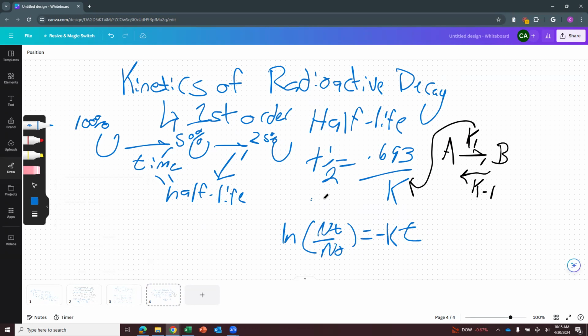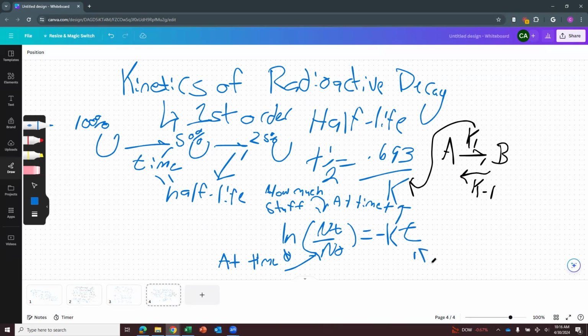This allows us to know how much stuff at time t divided by how much stuff at time 0 equals minus Kt, where K is the K we just found.